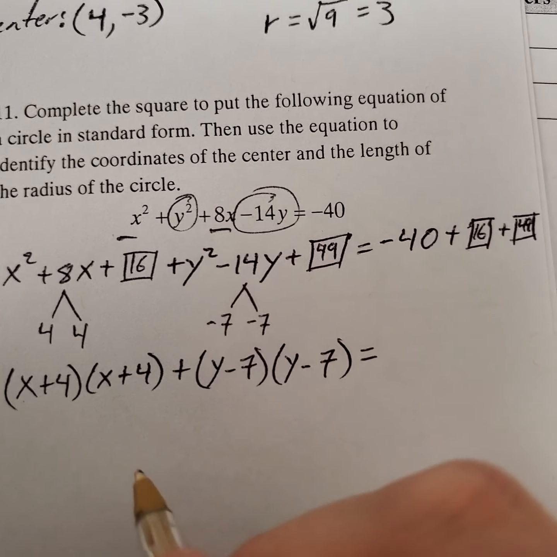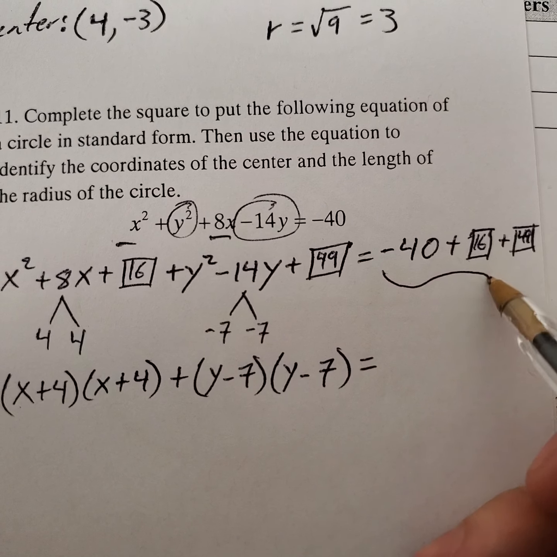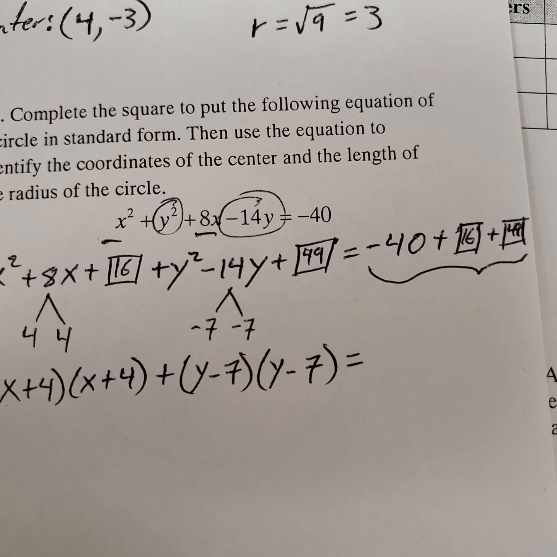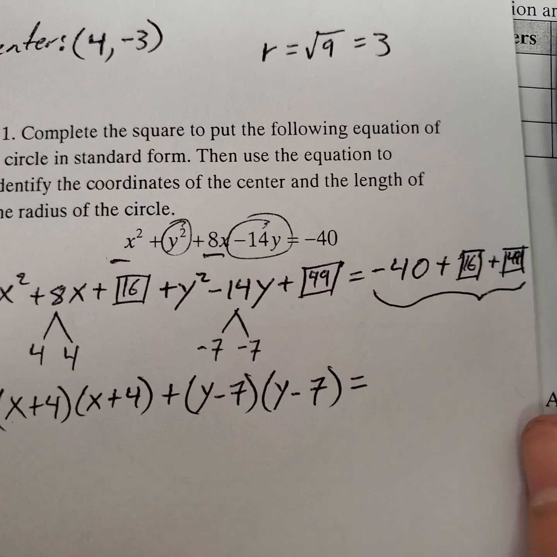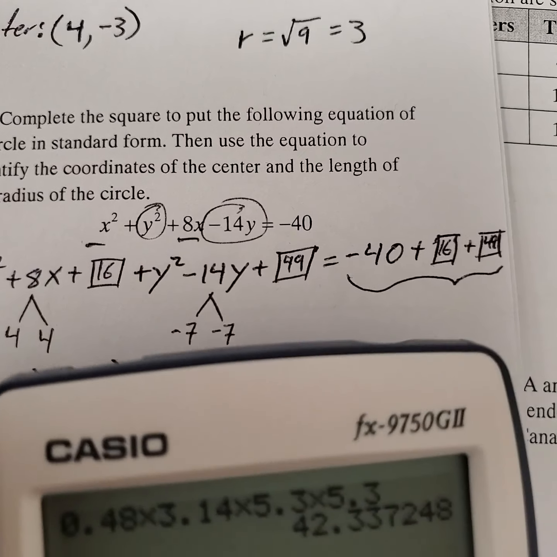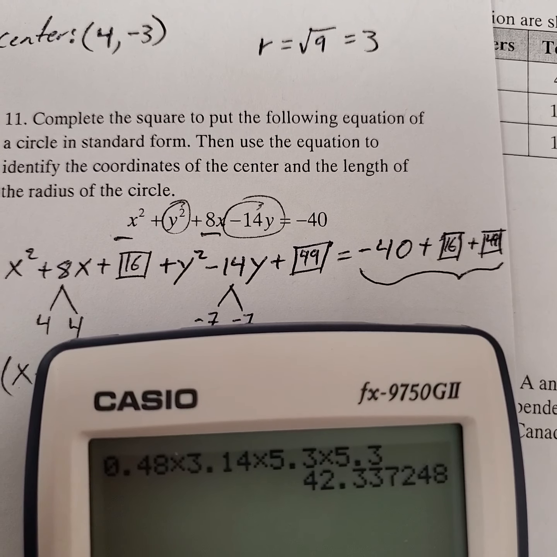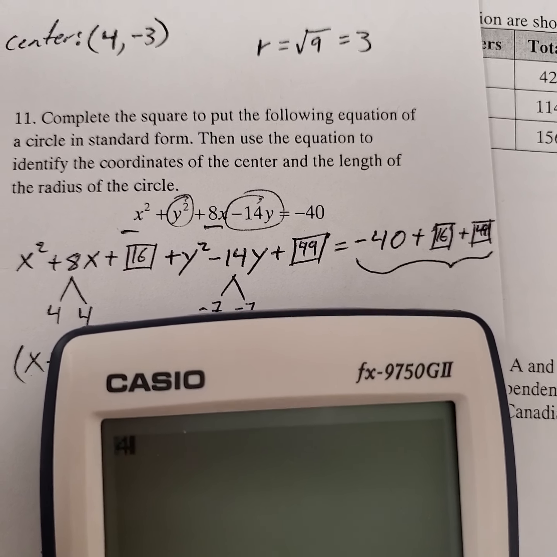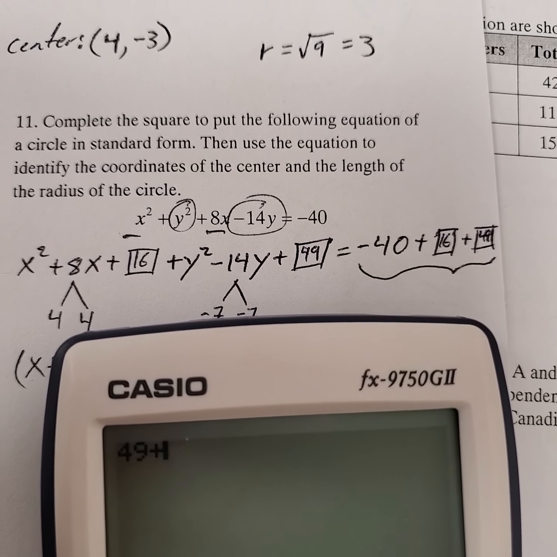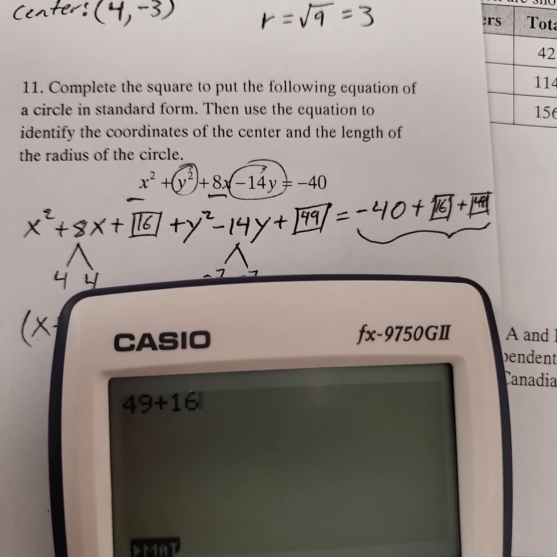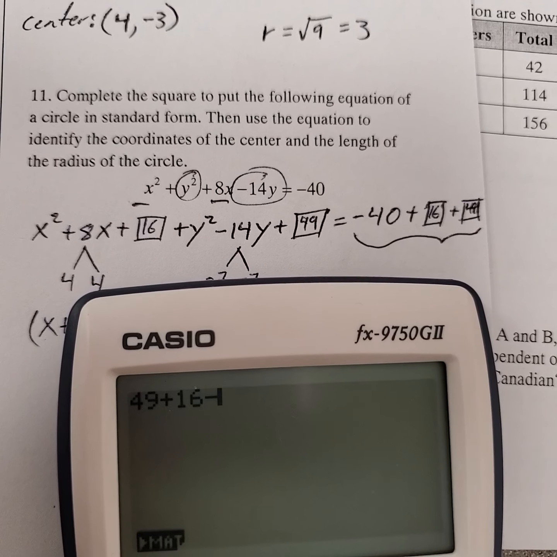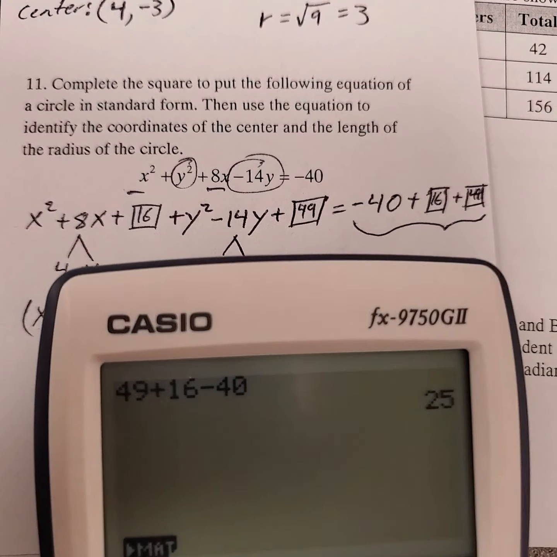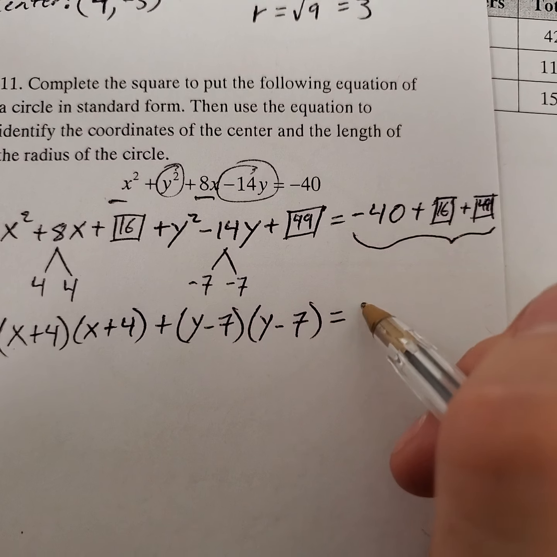All of this equal to, we have to simplify now this side. We have to figure out what is negative 40 plus 16 plus 49. So I'm going to do 49 plus 16 and then minus 40. That gives me 25.